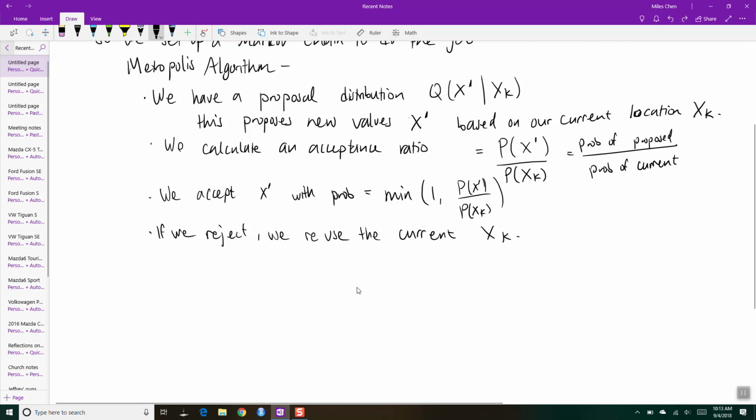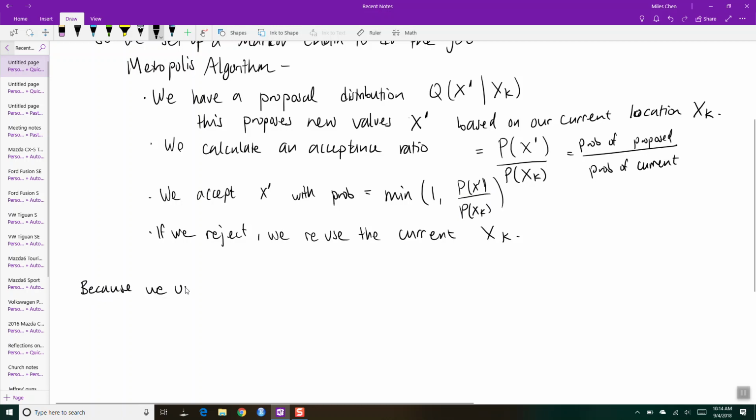Okay, and then we also saw that there's no need to calculate a normalizing constant, right? Because in the acceptance ratio, you're using the probability of the proposed divided by the probability of the current, so if there is a normalizing constant in there, that normalizing constant cancels out. So there's no need to calculate a normalizing constant. Okay.